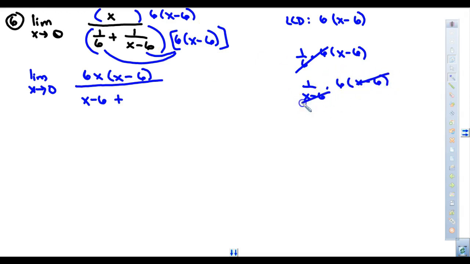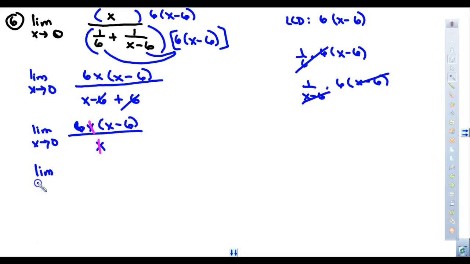The x minus 6's cancel. 1 times 6 is 6. So 6x times x minus 6 all over, that cancels with that. I'm left with x. This x can cancel with that x. I have now redefined my function to be 6 times x minus 6.